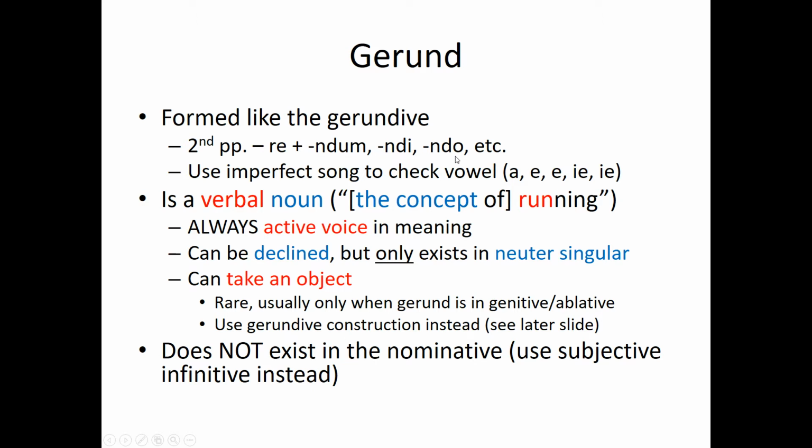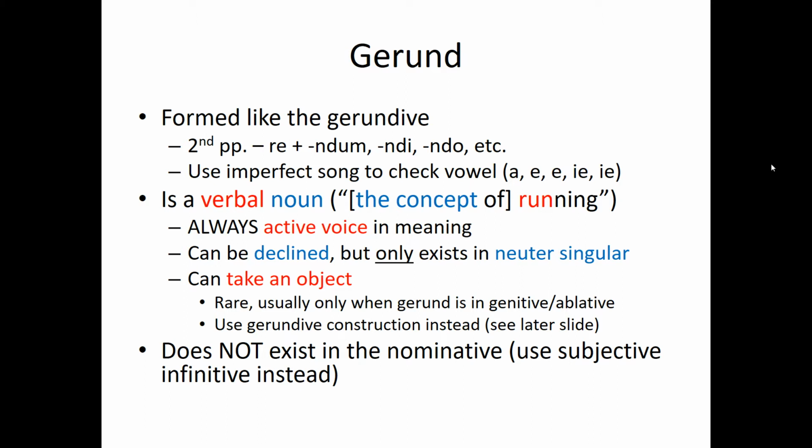It only exists in the neuter, which makes sense because the concept of running, right? The concept of a verb is a neuter idea. And it only exists in the singular because you can't have the concept of runnings. It would kind of be redundant or unnecessary. Okay, so the gerund only exists in the neuter singular, and it is a noun.